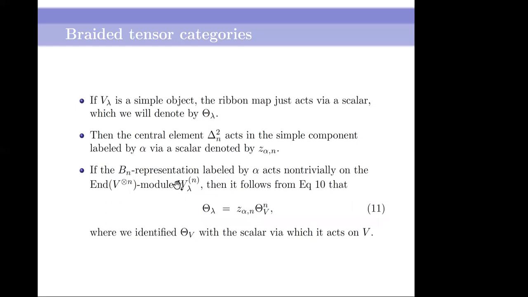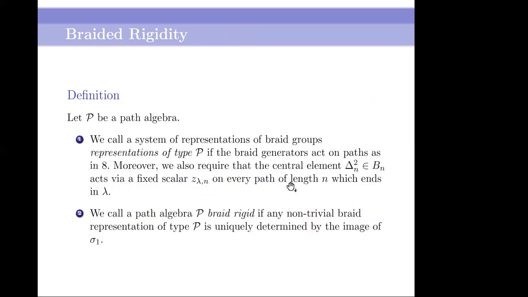And we will require that the central element act via a fixed scalar on every path of length n which ends in lambda. And we will call the path algebra braid rigid if any non-trivial braid representation of type P is uniquely determined by the image of sigma 1.